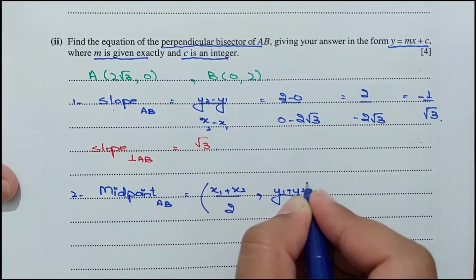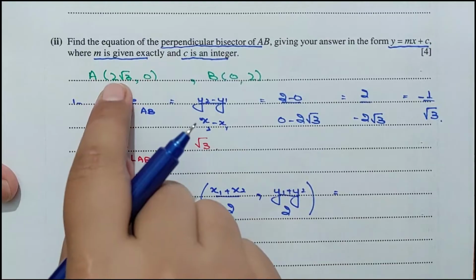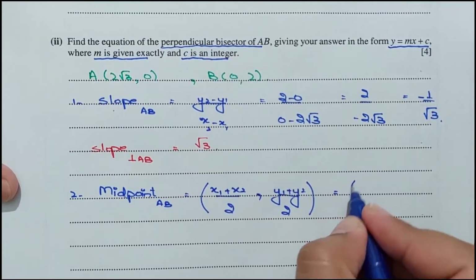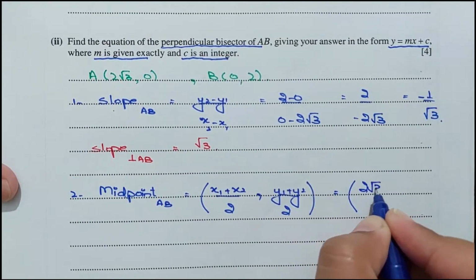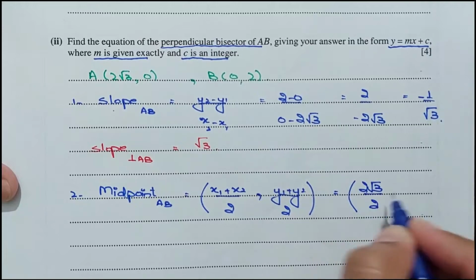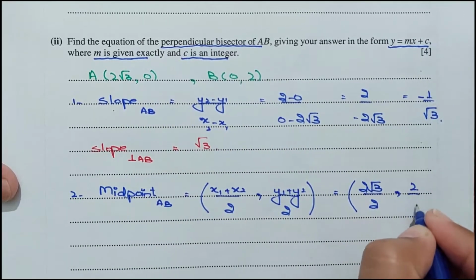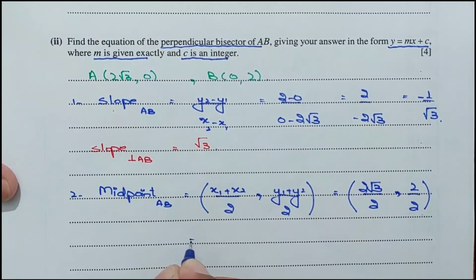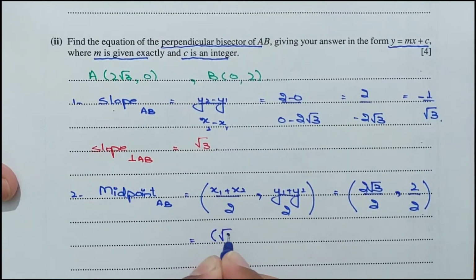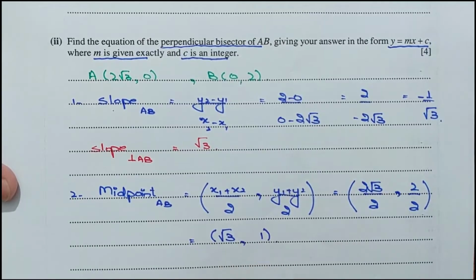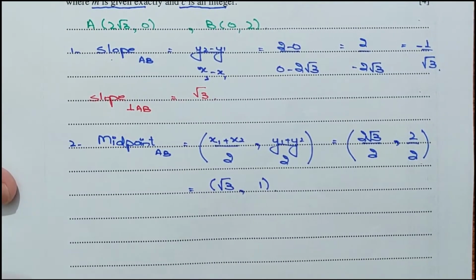The x components are 2 root 3 and 0, so 2 root 3 over 2. The y components are 0 and 2, so 2 divided by 2. So the midpoint is (root 3, 1). Now let me write down the equation of the perpendicular bisector.